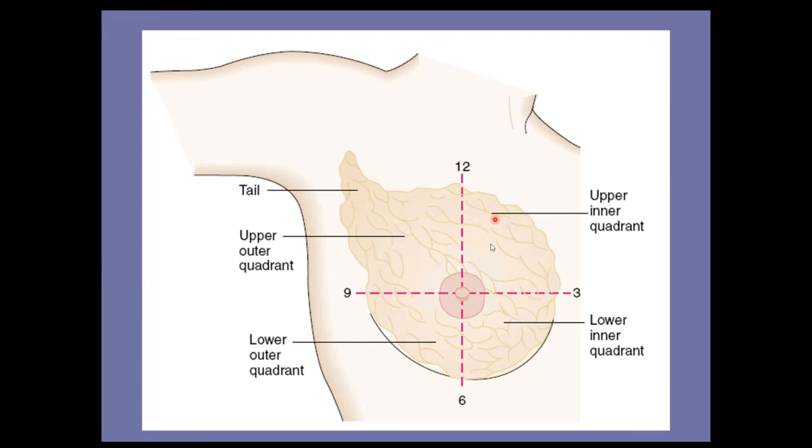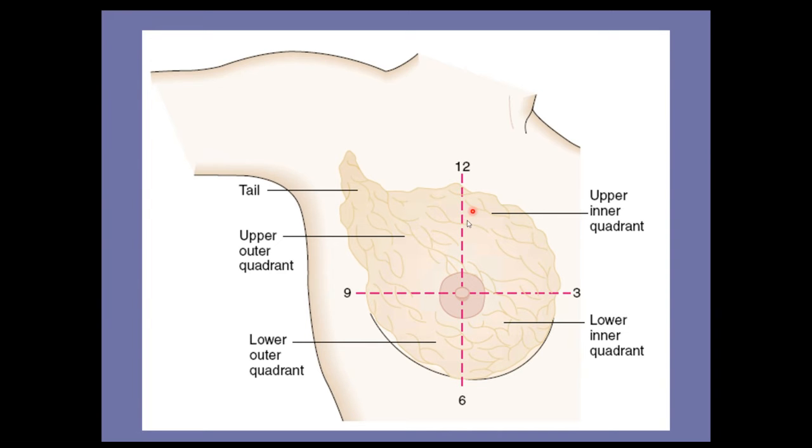So we can divide the breast into four quadrants: upper outer quadrant, upper inner quadrant, lower outer quadrant, and lower inner quadrant. First of all, why are we dividing the breast into different quadrants? To easily describe the location of a mass or any pathology.